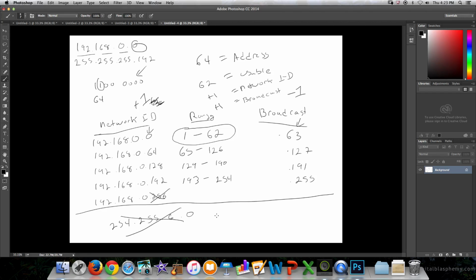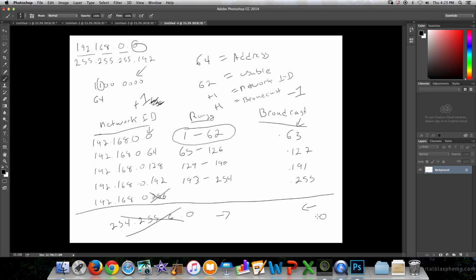What it has to be is a solid set of ones from the left to the right. It will be solid all the way through. Or depending on how you want to look at it, from our right to our left, let's say we have a network that needs 30 hosts, 30 usable addresses.